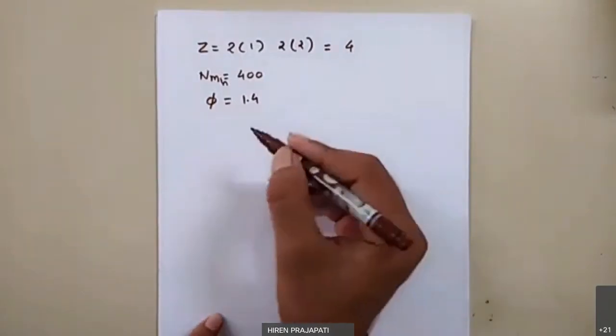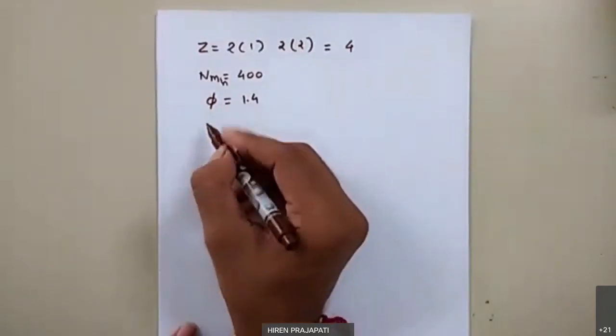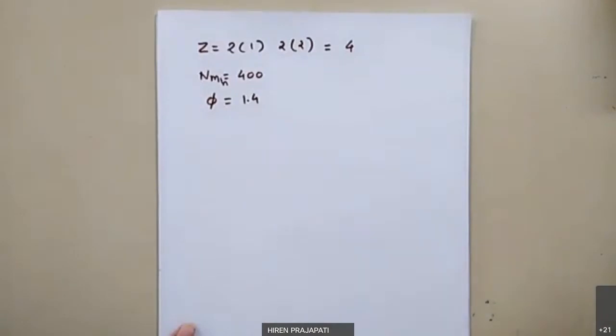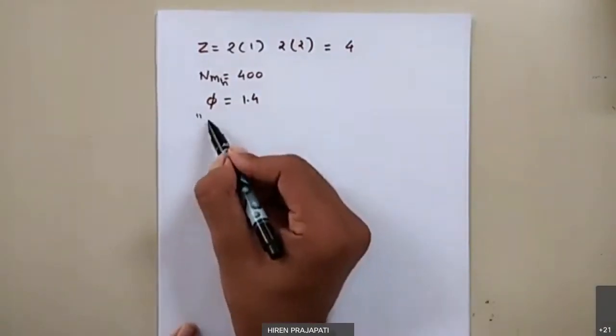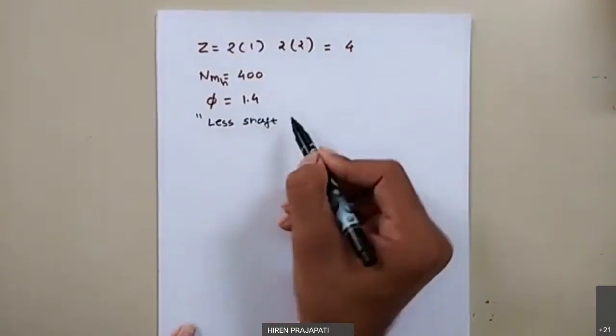Now the condition is whenever we go for the ray diagram, we need to design this for less shaft diameter criteria.